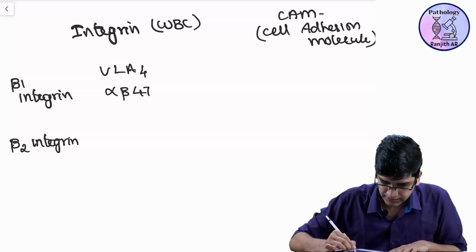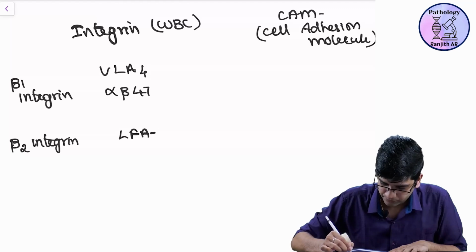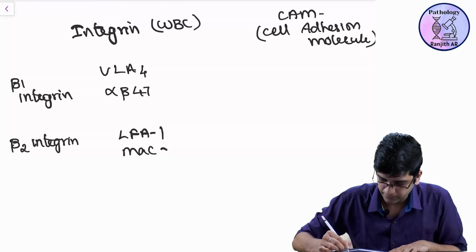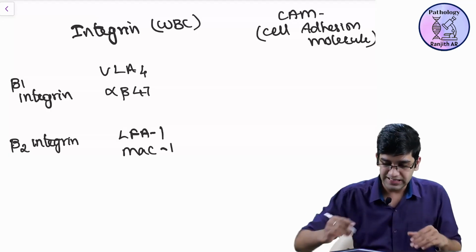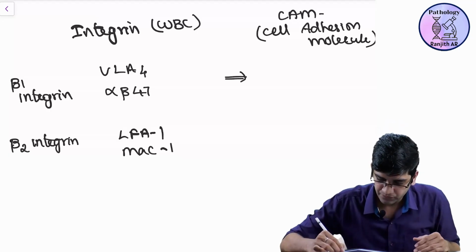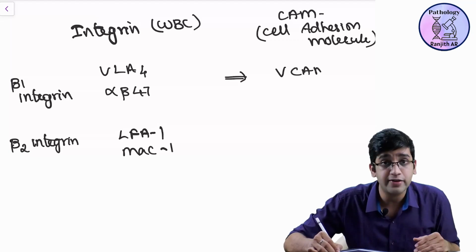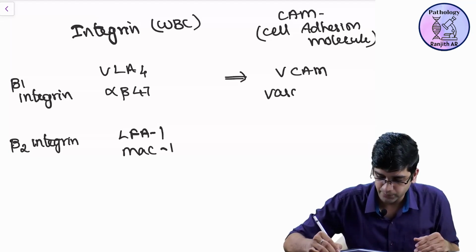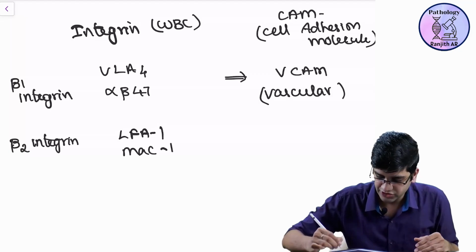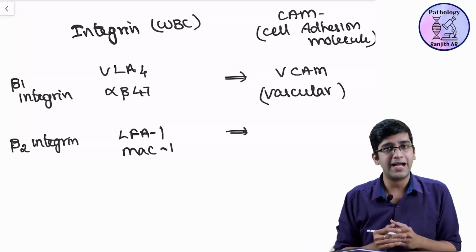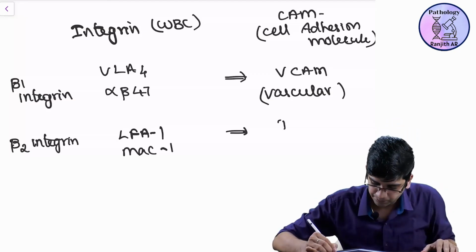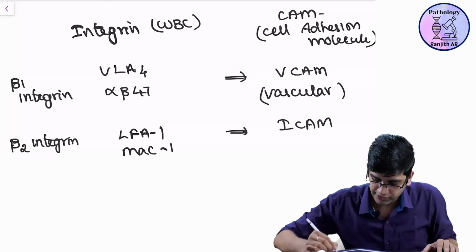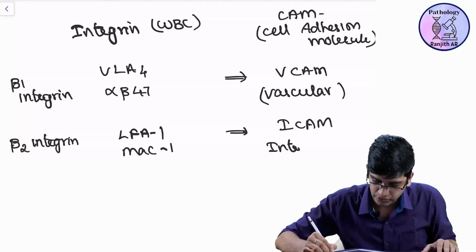And beta 2 integrin is my LFA1 and MAC1. Right? So beta 1 integrin binds to my VCAM. CAM you already know. V stands for vascular: vascular cell adhesion molecule. LFA1 and MAC1 bind to my ICAM. CAM you already know. I stands for intercellular.